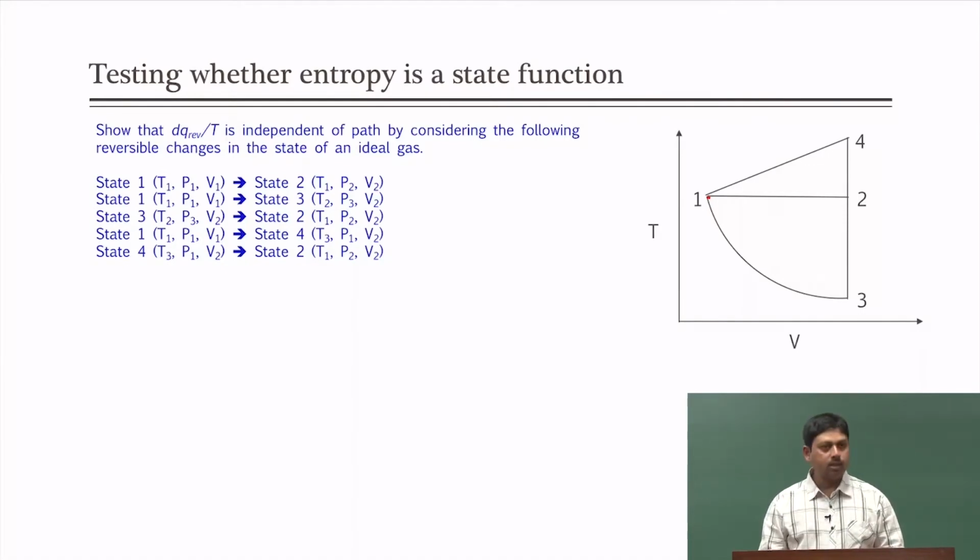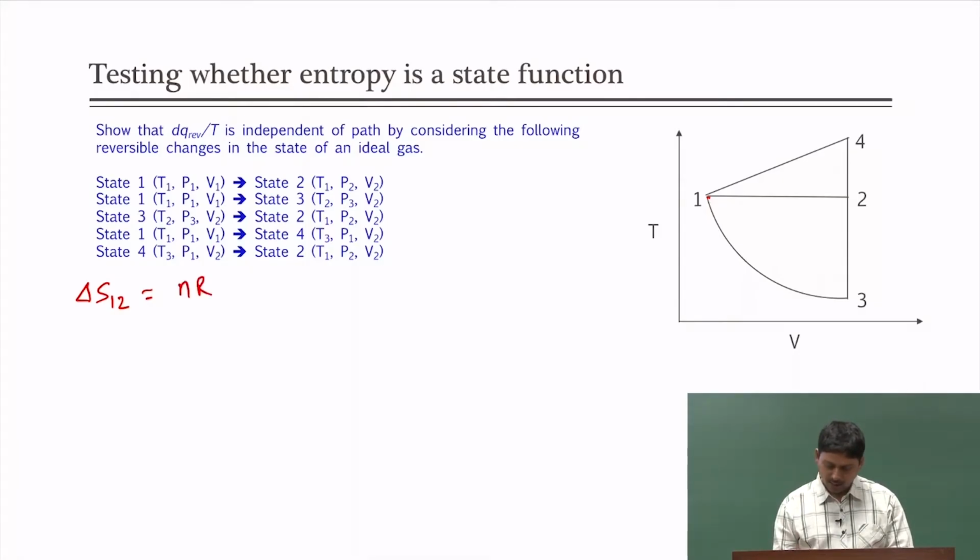So, 1 to 2 is an isothermal process, but there is a change in volume, which means an isothermal expansion process. So the change in entropy S12, following reversible changes in the state of an ideal gas, let us take n moles of ideal gas, is nR ln V2 by V1 in the first step.